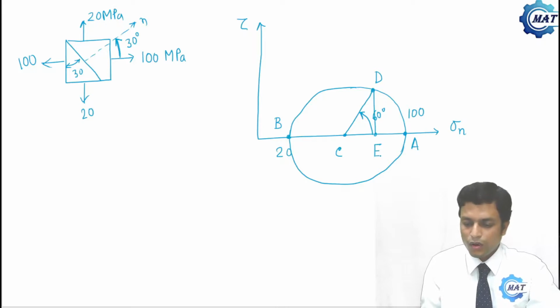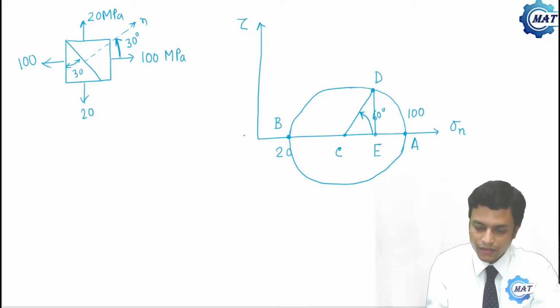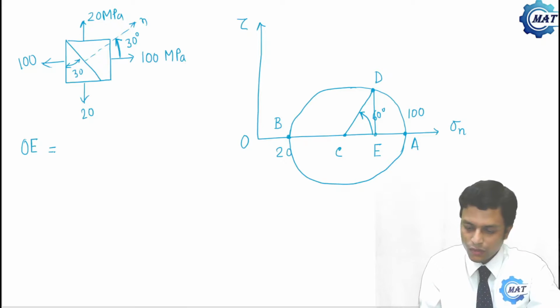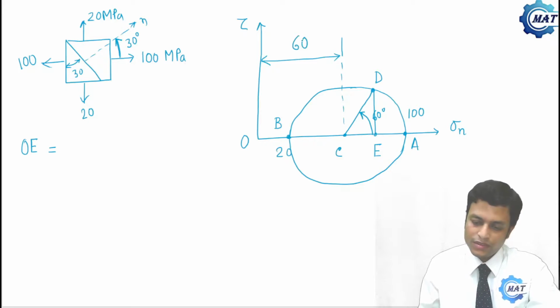So normal stress is, if this is O, that is OE, that is OC. What is OC? OC is (sigma xx plus sigma yy) by 2, that is 120 by 2, this is 60, and the radius of the Mohr circle CD is (100 minus 20) by 2, that is 40.